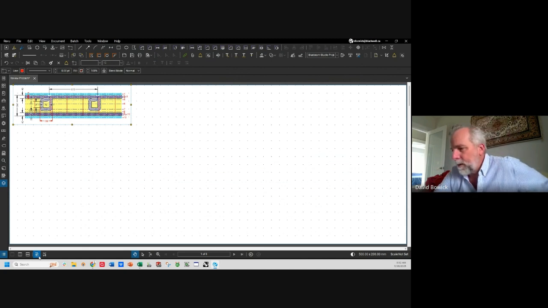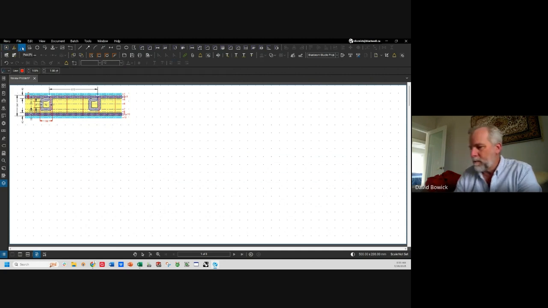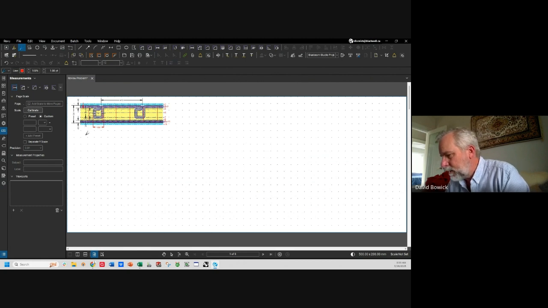Let me see if I can actually use this tool the way it's supposed to be used. Pen setting. I'm going to go, oh, damn it all.